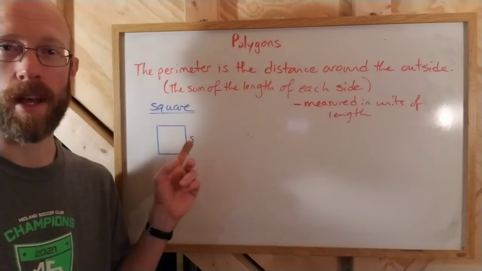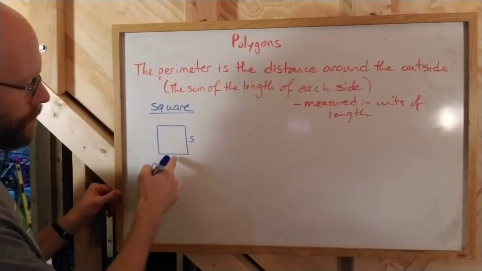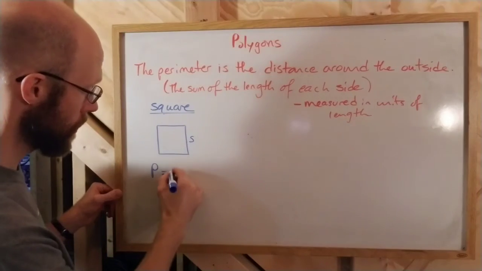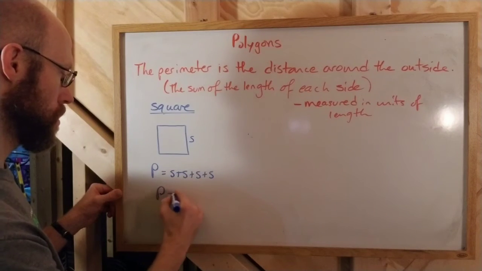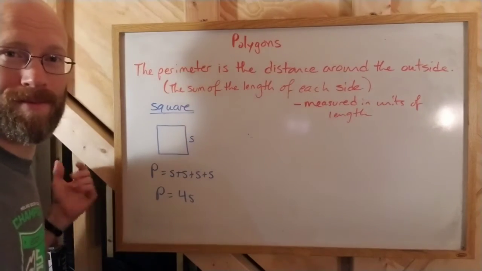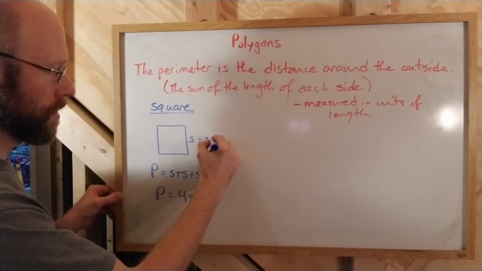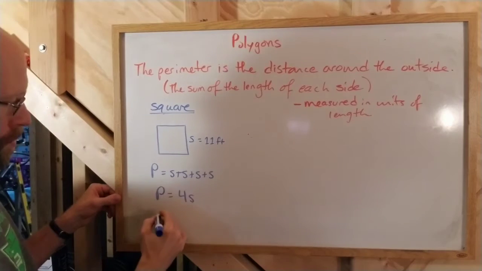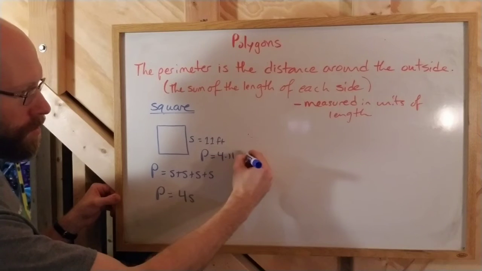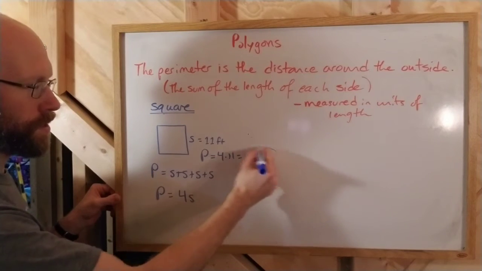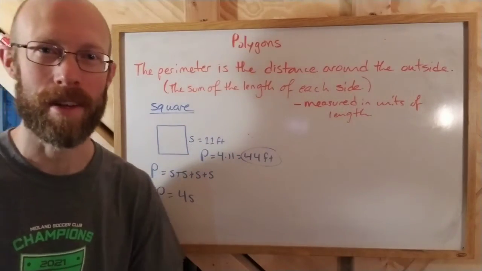I don't know if it's S for side or S for square, but either way, it's S. Then the perimeter is found by just adding S plus S plus S plus S. They'd all be the same, right? But who wants to add 4 things together when you could just multiply one of them by 4, right? So if I had a square of side length 11 feet, then I know the perimeter is going to be 4 times 11, which is 44 feet. Okay, so rather than adding 11 plus 11 plus 11 plus 11, right?